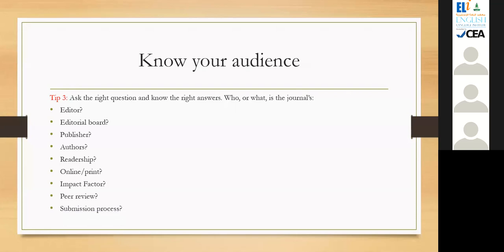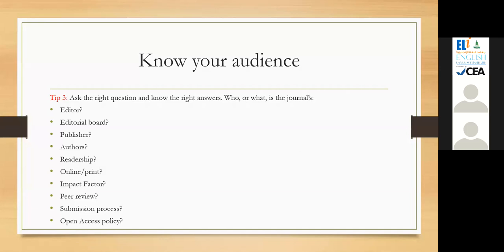Also the submission process. Ask yourself, does the journal have a process of submission? For example, do you submit electronically, or do they just ask you to send it through an email? You have to ask yourself these questions. Does the journal have an open access policy?